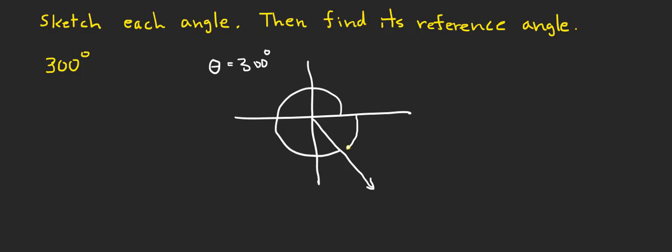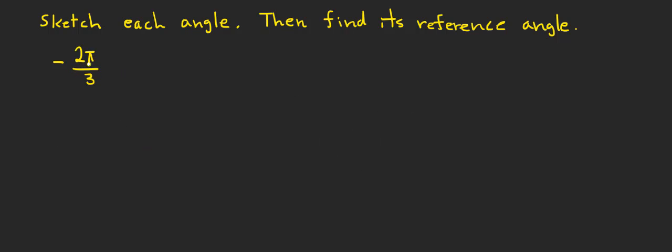So this will be our theta prime, the reference angle. What is this angle right here? Well, it's going to be 60 because 300 plus 60 is 360, or 360 minus 300 is 60. Therefore, our reference angle, theta prime, is 60 degrees.